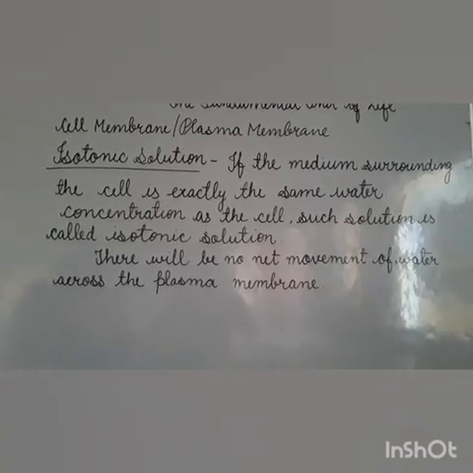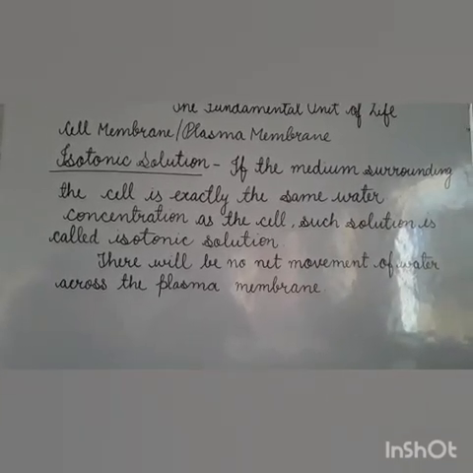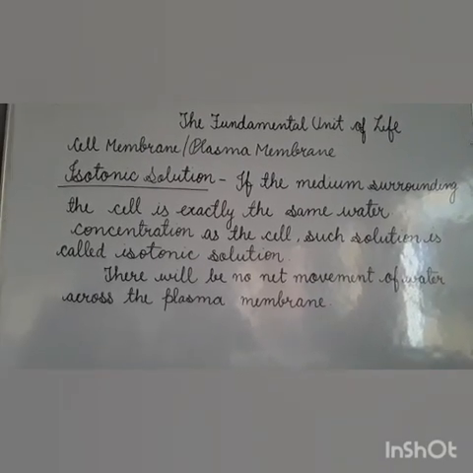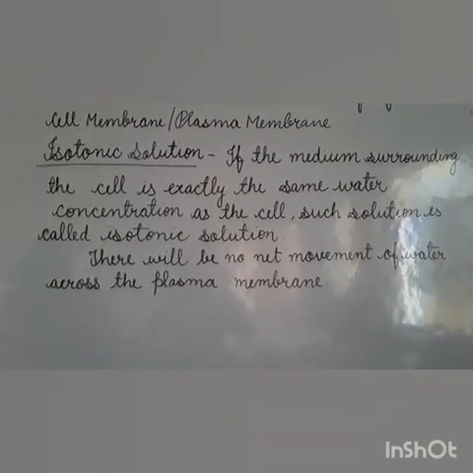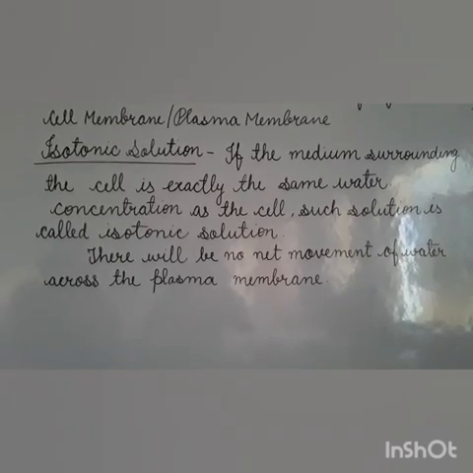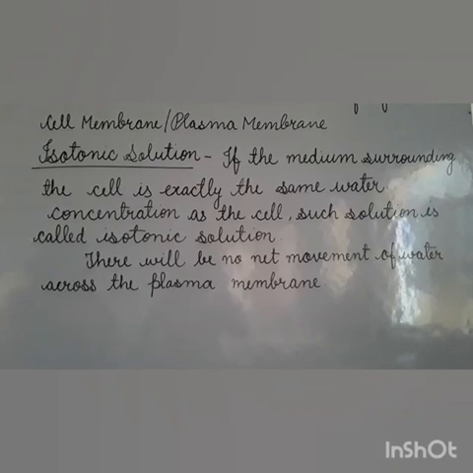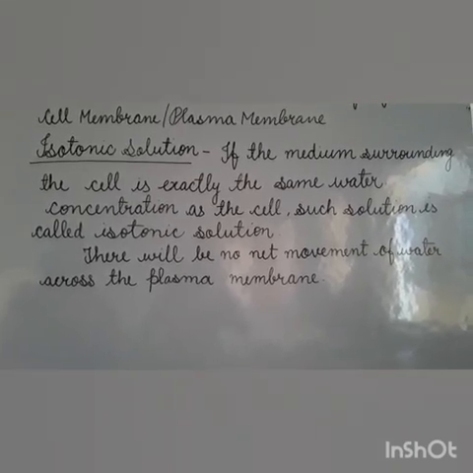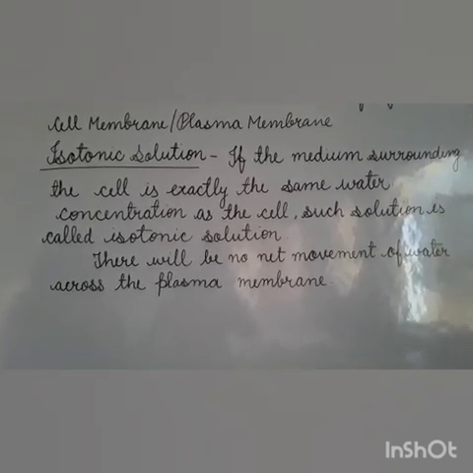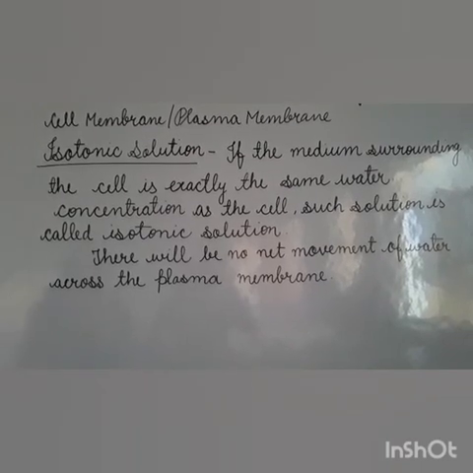Because there will be no change, the cell will be of the same size. And what was happening when we were keeping the cell in hypotonic, dilute solution? The cell was gaining water and it would swell up.